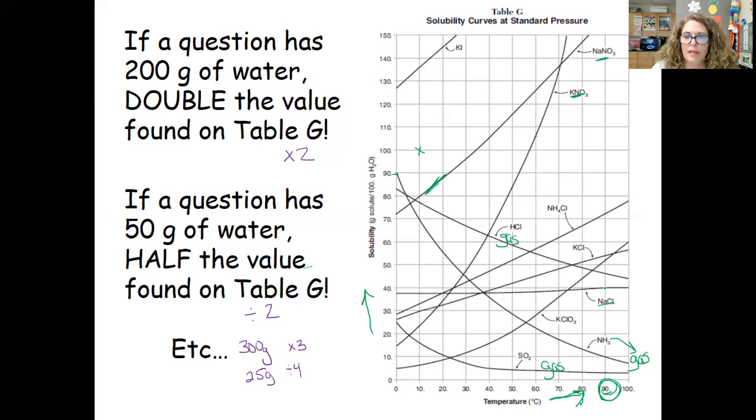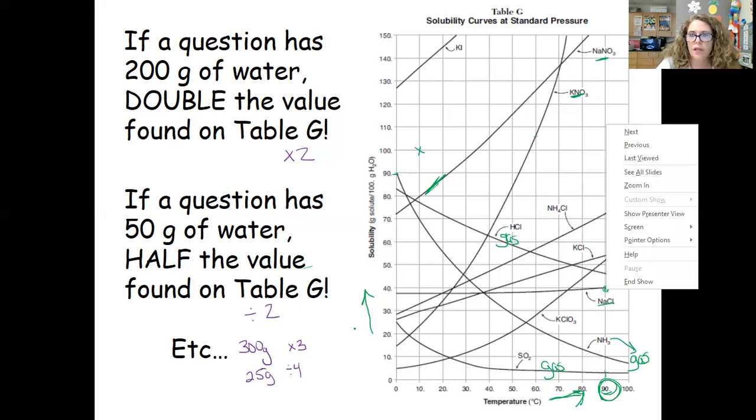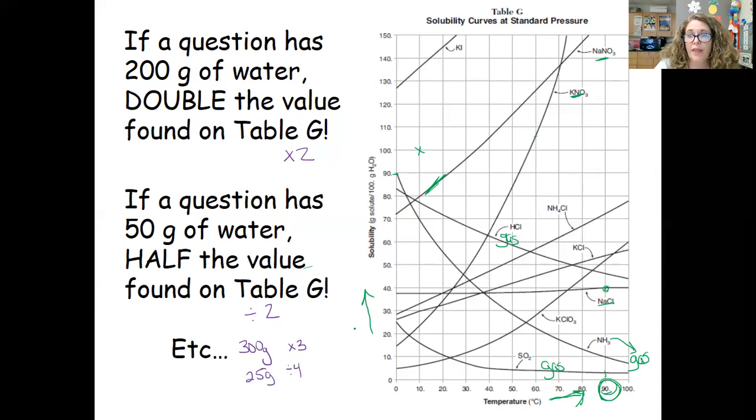Saturated means this point right on this line right there. So at 90 degrees, I can add up to 40 grams of sodium chloride, and that would make a saturated solution. Any point below that, so if I did a point here, that would be unsaturated for sodium chloride.